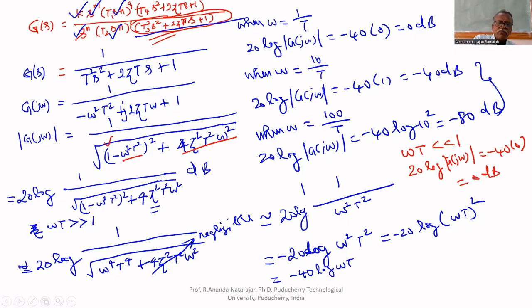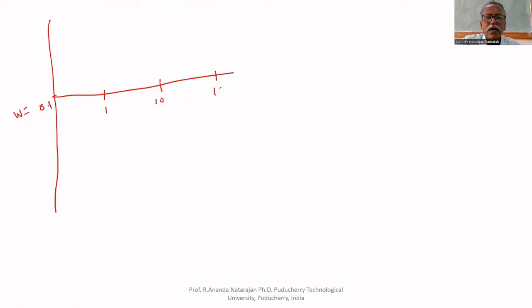Therefore, what is the plot for the second order? The plot is omega equal to 0.1, 1, 10, 100, log omega, logarithmic scale.